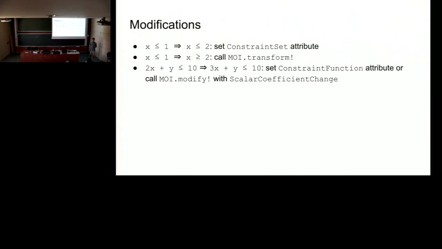It depends on the solver how efficient it would be to delete that and then add it back later. The goal of these modifications is to have the overhead be much less than solving the problem itself.